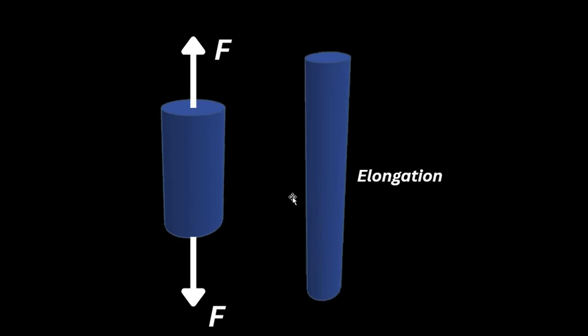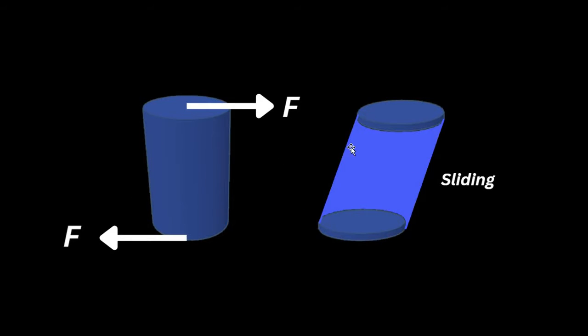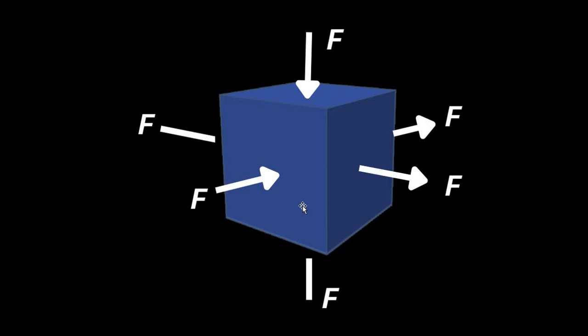Tensile causes elongation, increase in length. Compressional causes shortening, decrease in length. Sliding stress or shearing stress causes bending of the material, which is measured in terms of this angle, theta, if you remember. And bulk or volumetric stress tries to change the volume of the material.